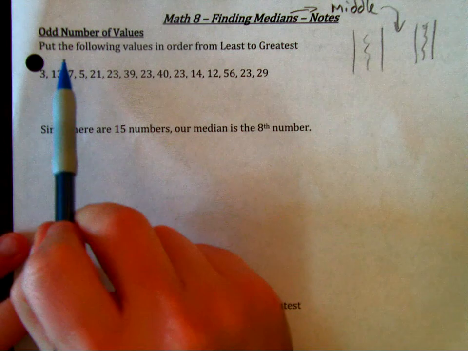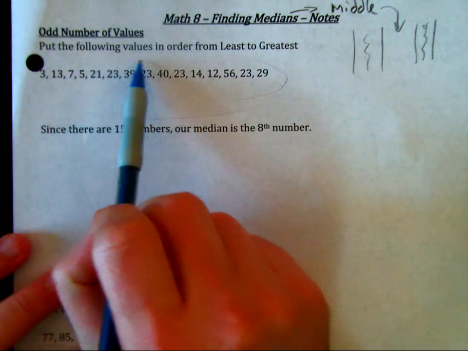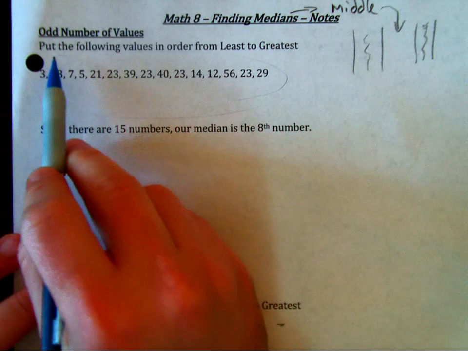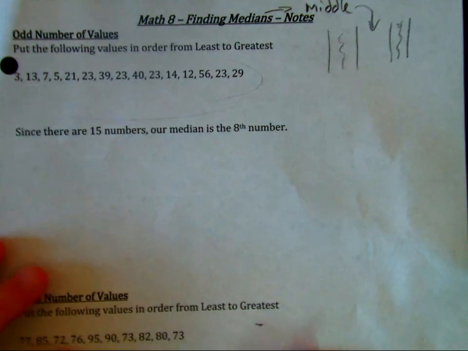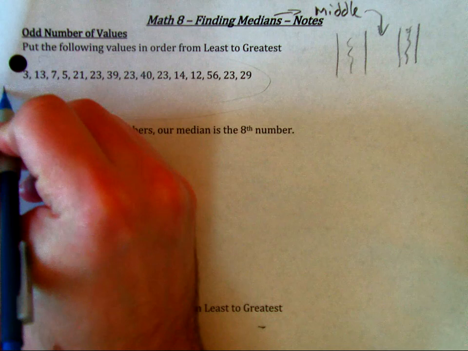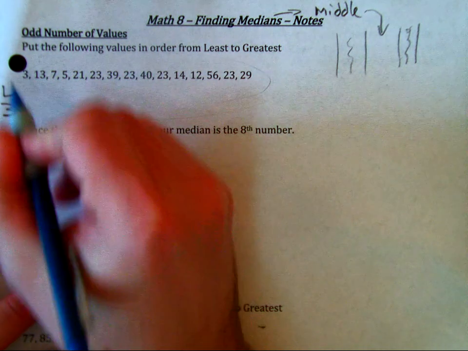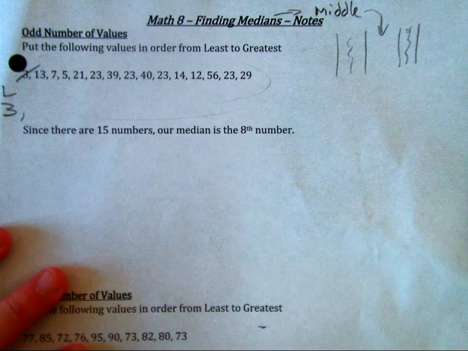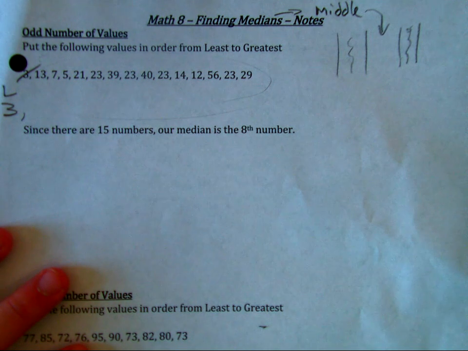So, given a set of numbers, you're trying to find the median of these values. So again, you want to make sure you can put these values in order from least to greatest. So we're going to start on the far left, and we're going to say, all right, we have 3 as our lowest, and each time you use a number, just cross it out. Just put one line through it, that way you can show that you used it.